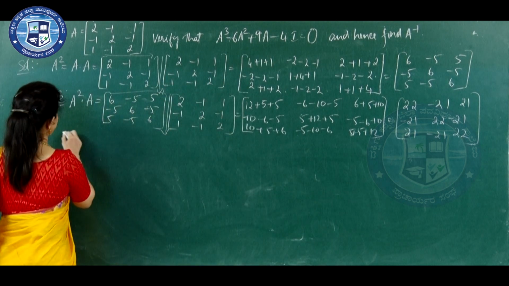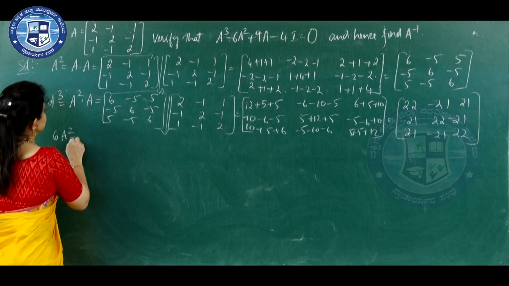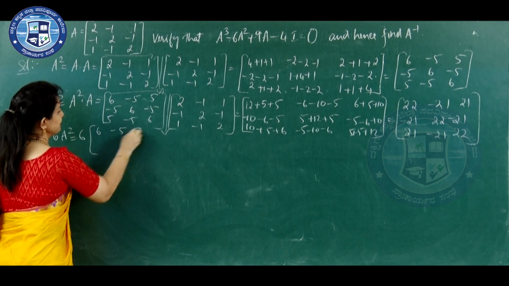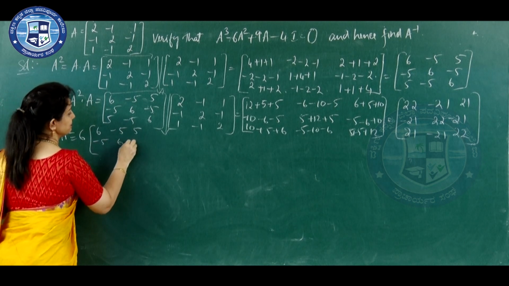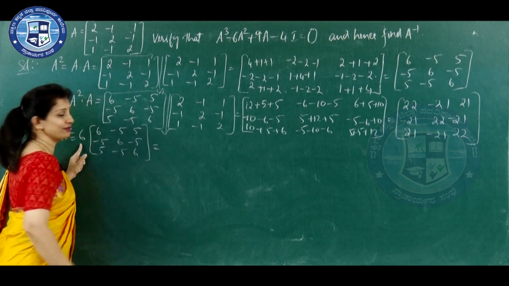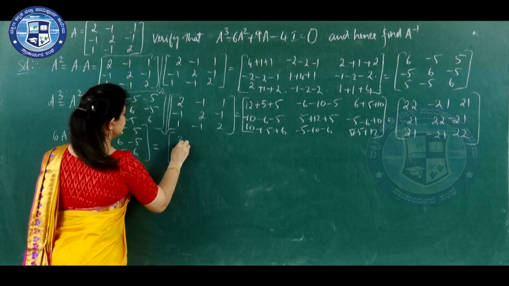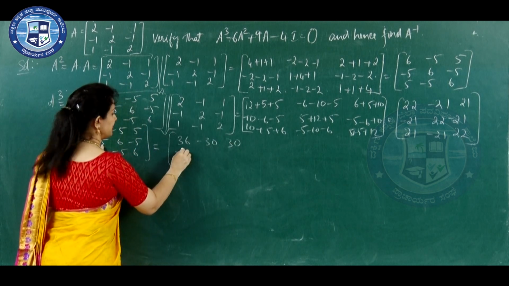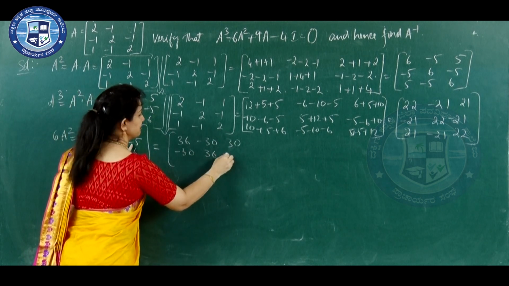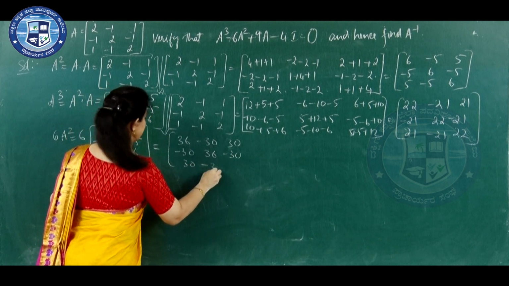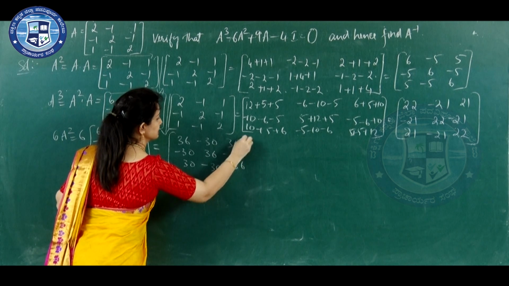What is 6A square? 6A square equals 6 into A square, [6 -5 5; -5 6 -5; 5 -5 6], 6 multiplied by 6, what do we have? 36, minus 30, 30, minus 30, 36, minus 30, 30, minus 30, 36.